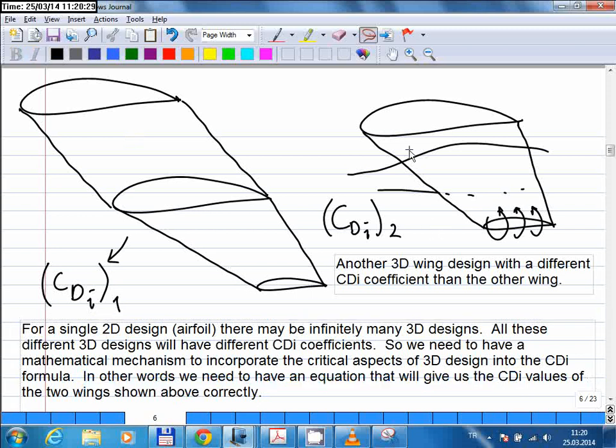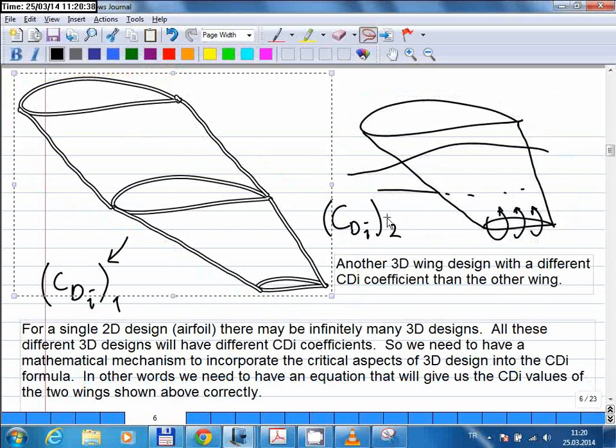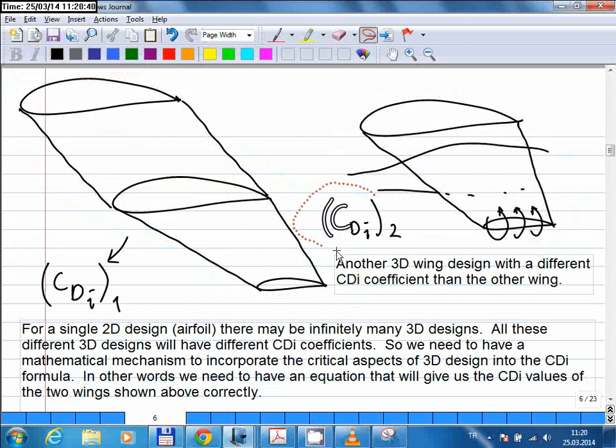If I take this wing and modify it to look like this one, using my equations I need to be able to express the change in the induced drag coefficient due to the change of the design.